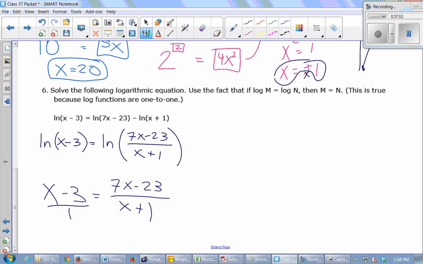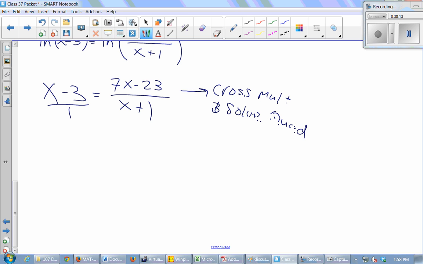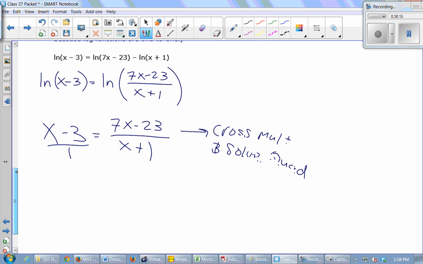Right, I could cross multiply and solve this. And I would get a quadratic. We won't go through the whole thing.